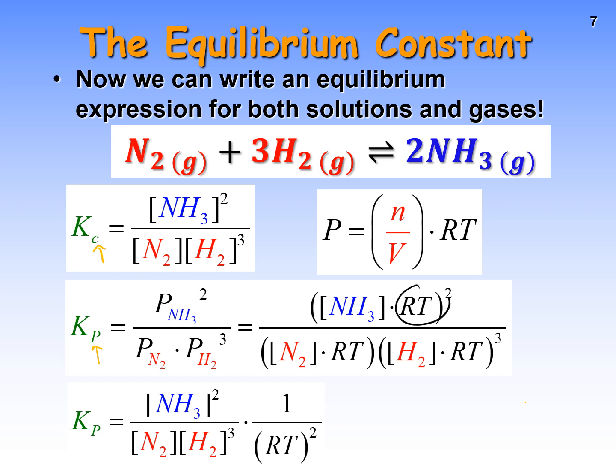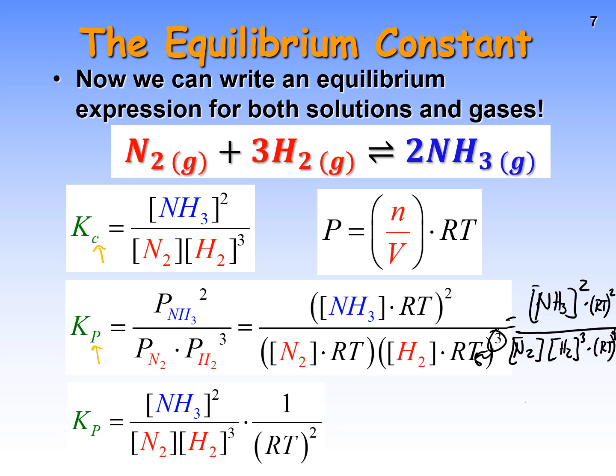I notice that there's a lot of RT's in this expression, and I can factor them out, right? Really, this is NH3 concentration squared times RT squared over N2 concentration times H2 concentration cubed times RT to the power of 4, because this cubed here times this gives me to the power of 4.